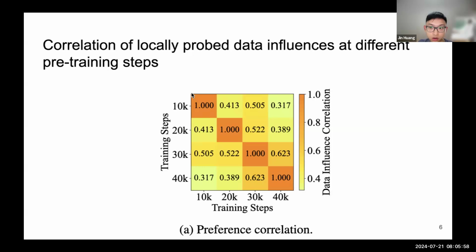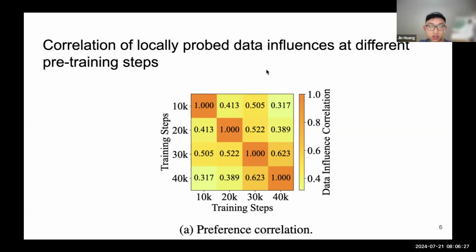On the diagonal, from left to right, the correlation is of course 1. But on the other side, for example, the data influence correlation between the first 10K steps and another 10K steps after that is actually only about 0.4.